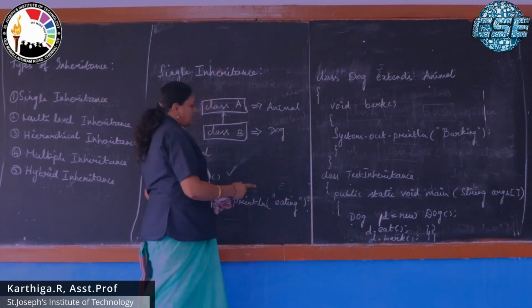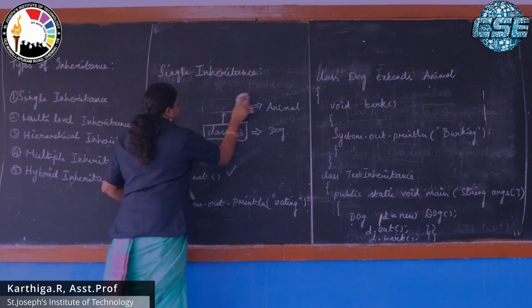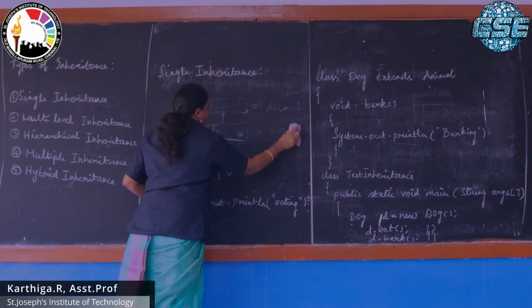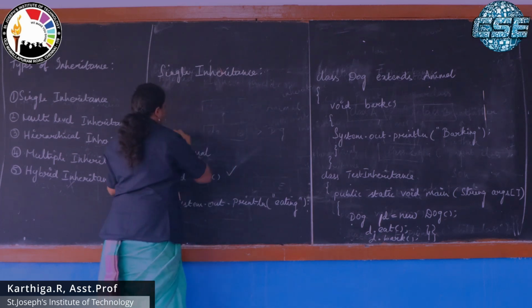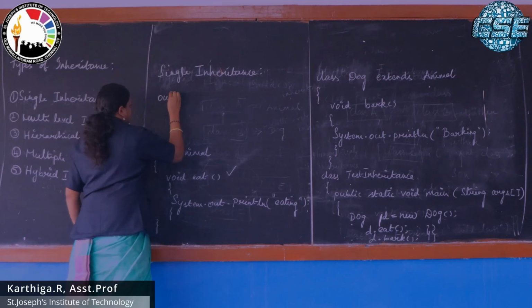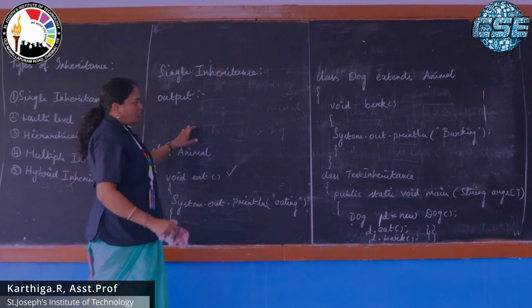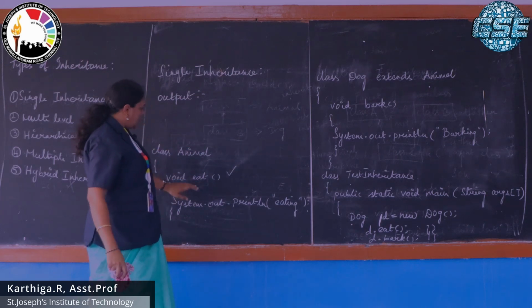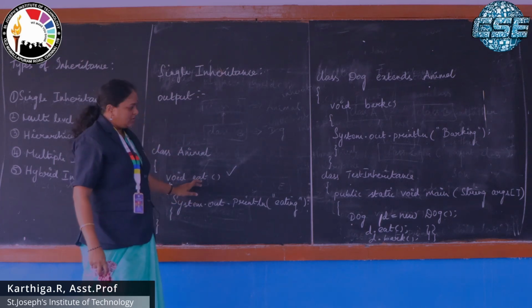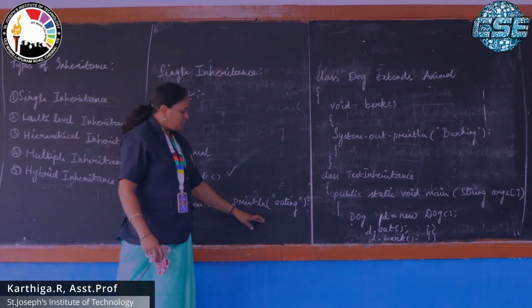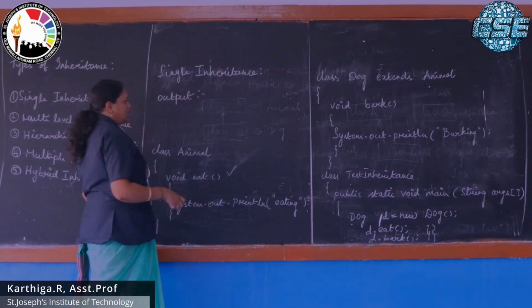So here then the output will be: here it has the method of eat. Inside eat, the output statement has the value of eating.